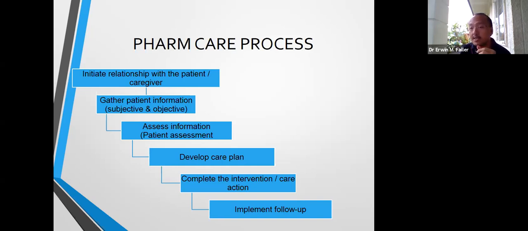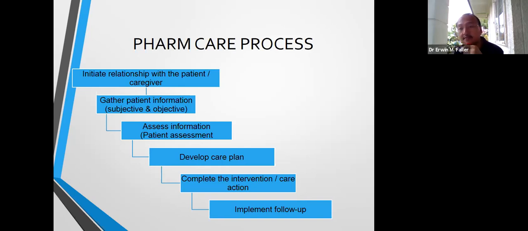After you've built a relationship, you'll be able to gather patient information, whether subjective, the signs and symptoms, or objective, based on the laboratory and the evidence that they have. Then you'll assess the information, the patient assessment, and after that you'll be able to develop a particular pharmaceutical care plan.